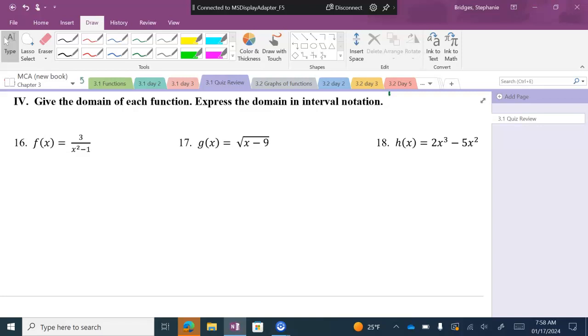So I want you to figure out what the domain is for all three of those, please. This is just like what we did yesterday.